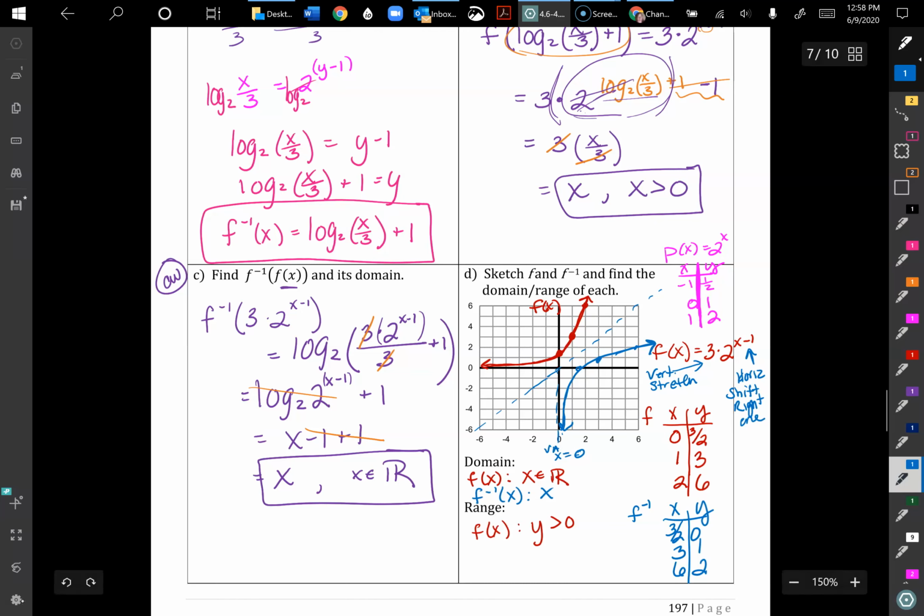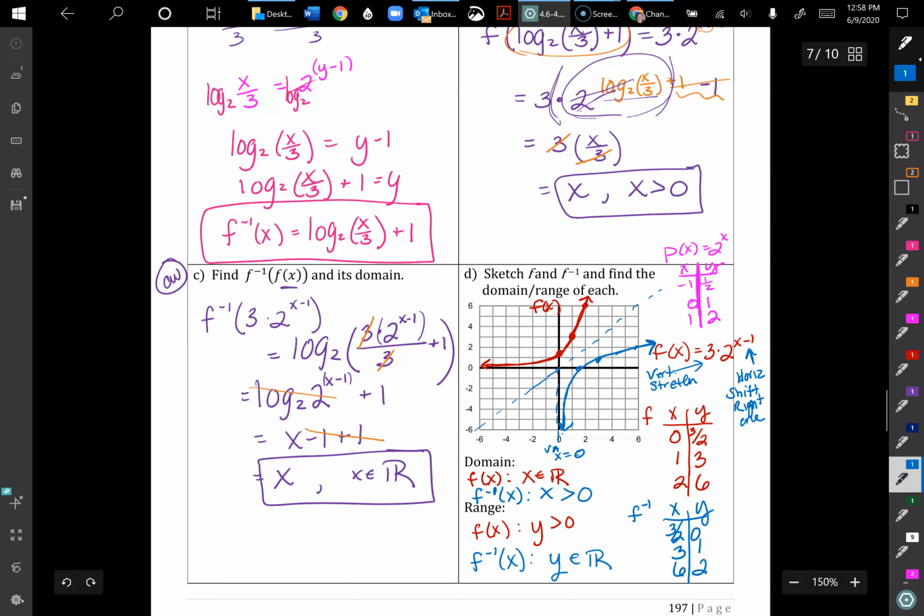I would have an x over 3 in there, so I have to have everything being greater than 0. So for my inverse, I'll write f inverse of x, and then I'm going to write, oops, I was on x, I forgot. x is greater than 0 for my domain, and then for my range, y can be any real number.